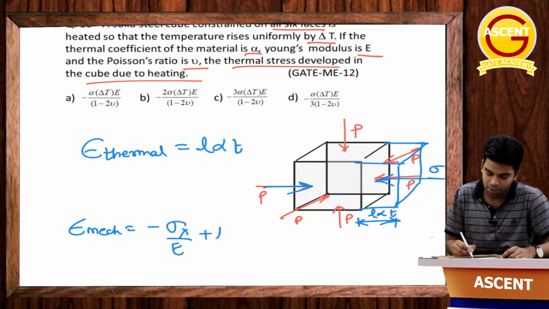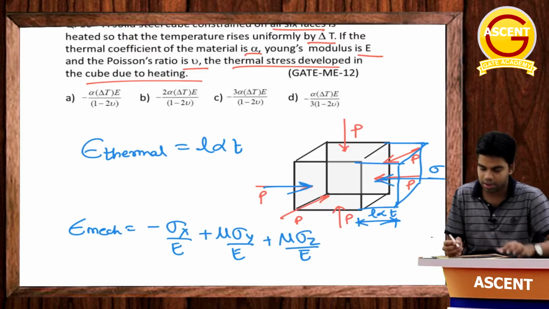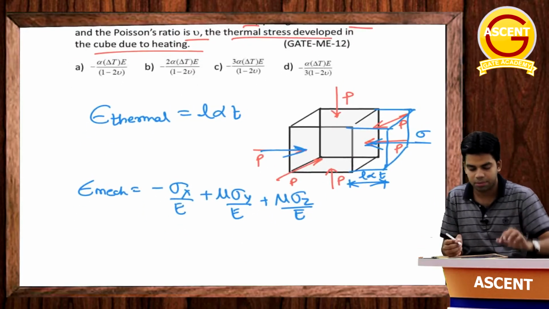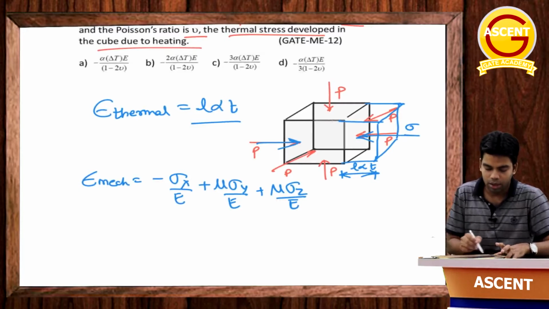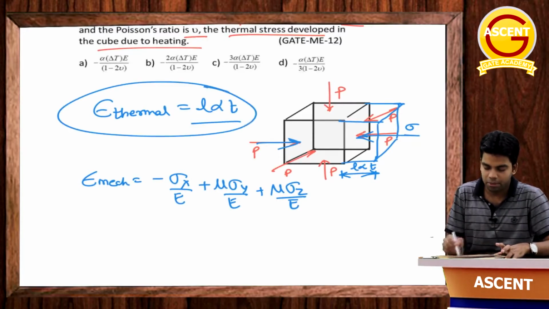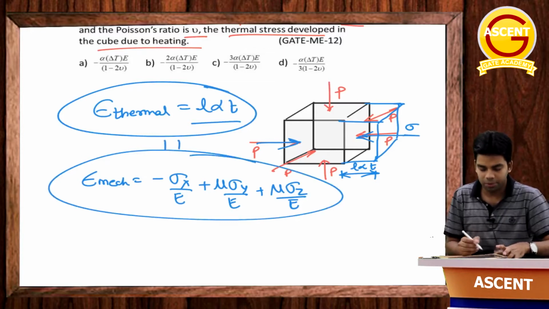So, plus mu into sigma y by E plus mu into sigma z by E. Why minus sigma x? Because it is compressive in nature. Okay, now we have to equate these two. Okay, it would have expanded by this much, but the force is preventing this much, that means these two will be equated. Getting this or not?